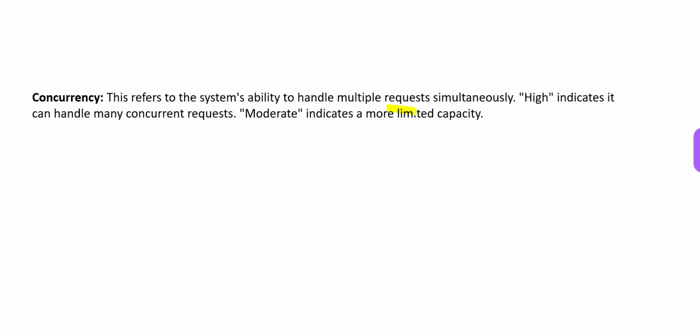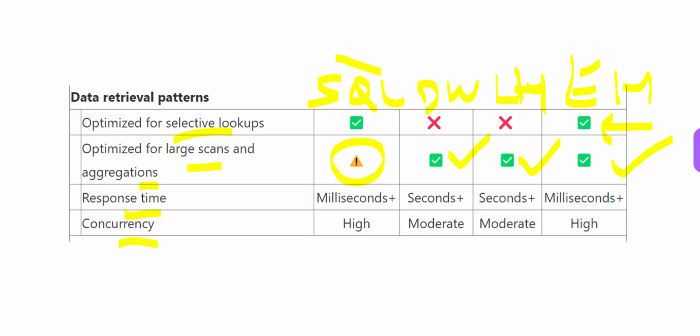High indicates that it can handle many concurrent requests. So in the IT world, if you are able to work on five projects at a time, you are highly concurrent. If you work on three projects, you are moderate. If you're just working on one project, there is no concurrency. One project means one thread is consuming all the CPU.